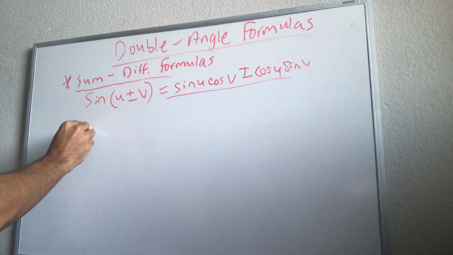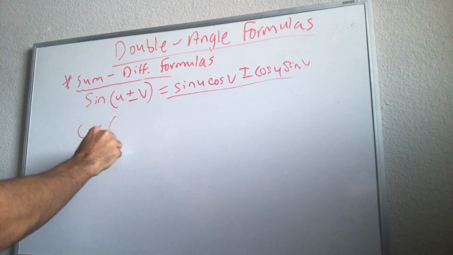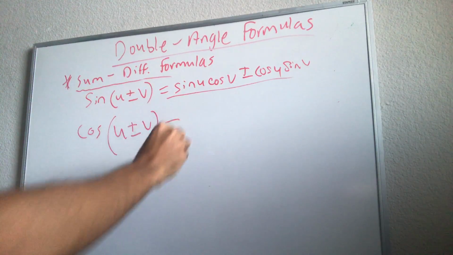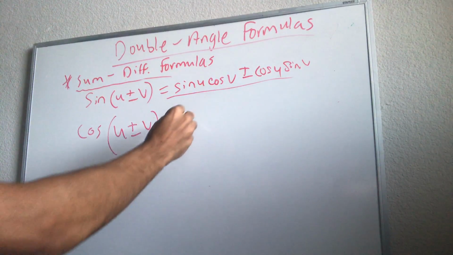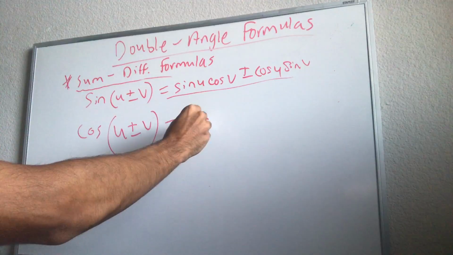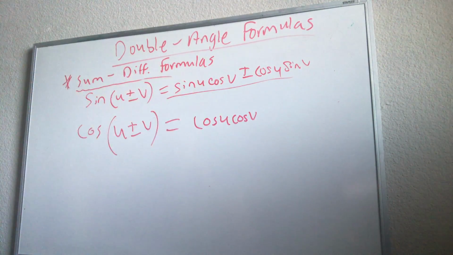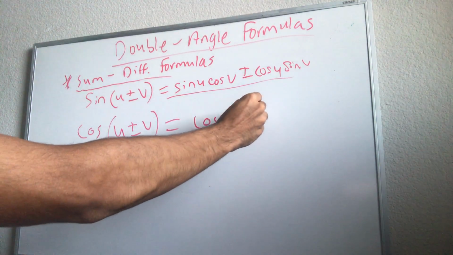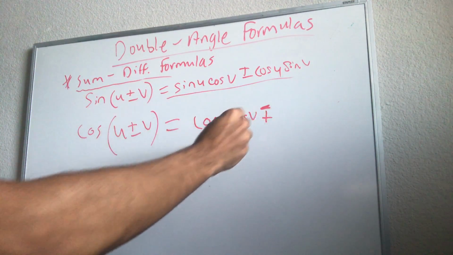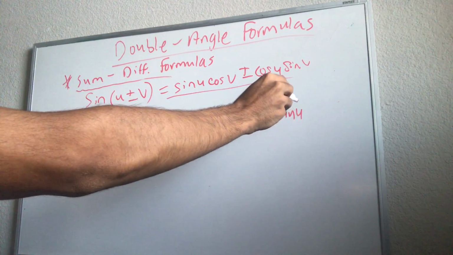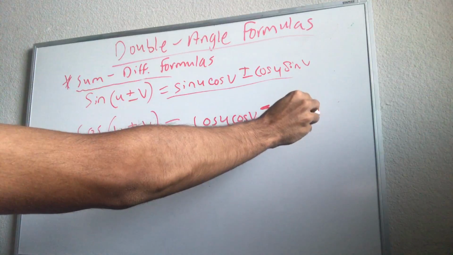Now for cosine of u plus or minus v, that should give you cosine u times cosine v, and then minus or plus sine u and sine v.